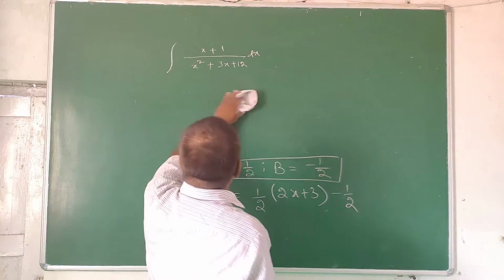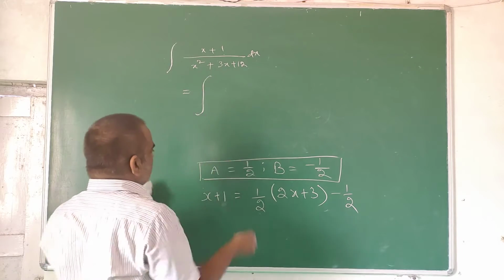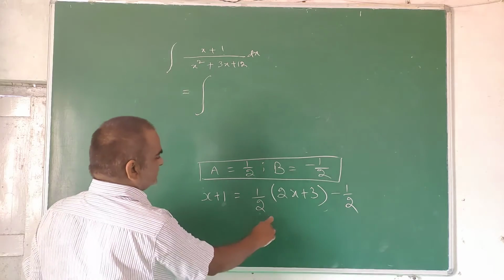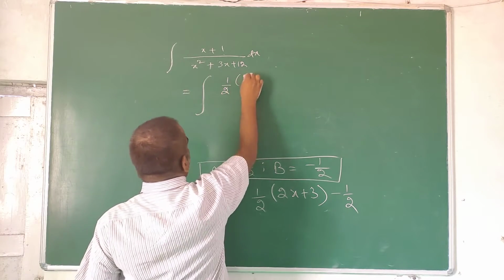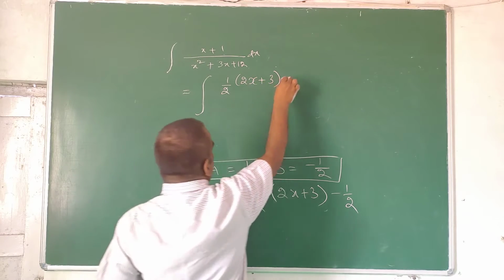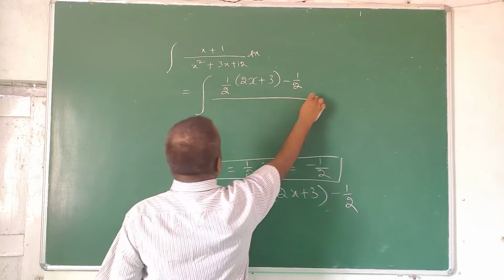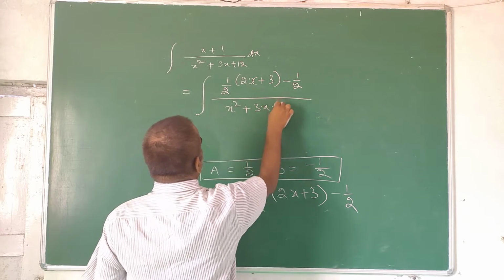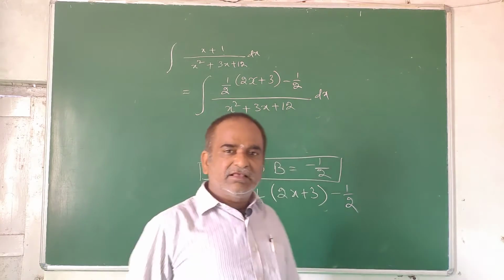So now this is equal to the integral of, the x plus 1 equal value is this one, half into 2x plus 3 minus half, divided by x square plus 3x plus 12, dx.